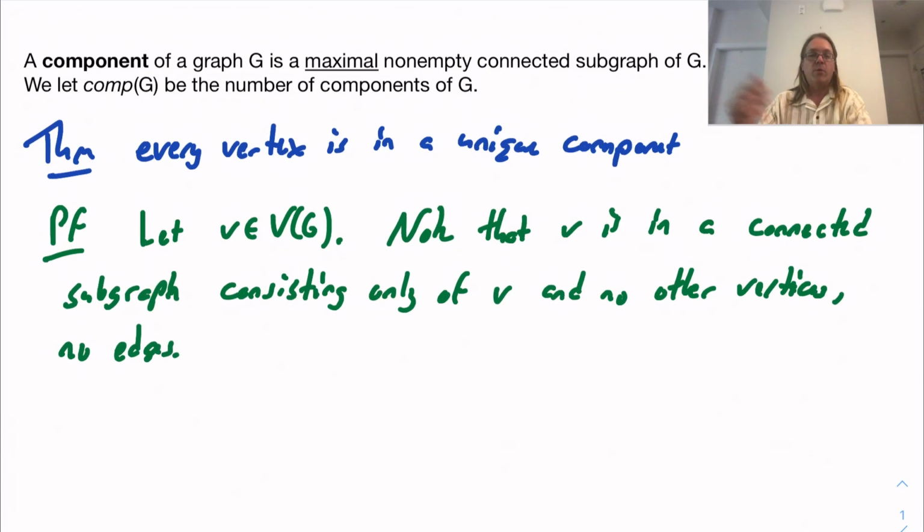Okay, so one thing's out of the way. Certainly the vertex V will be contained in some connected subgraph of G.